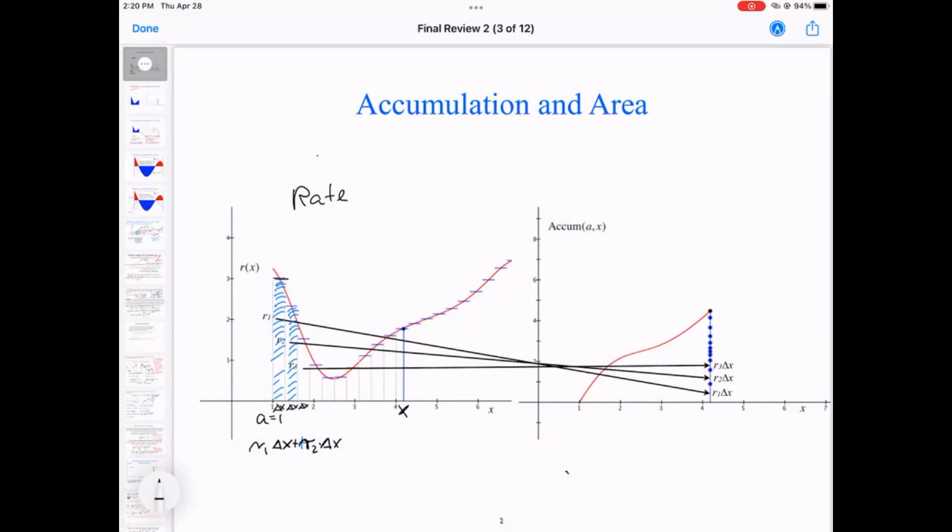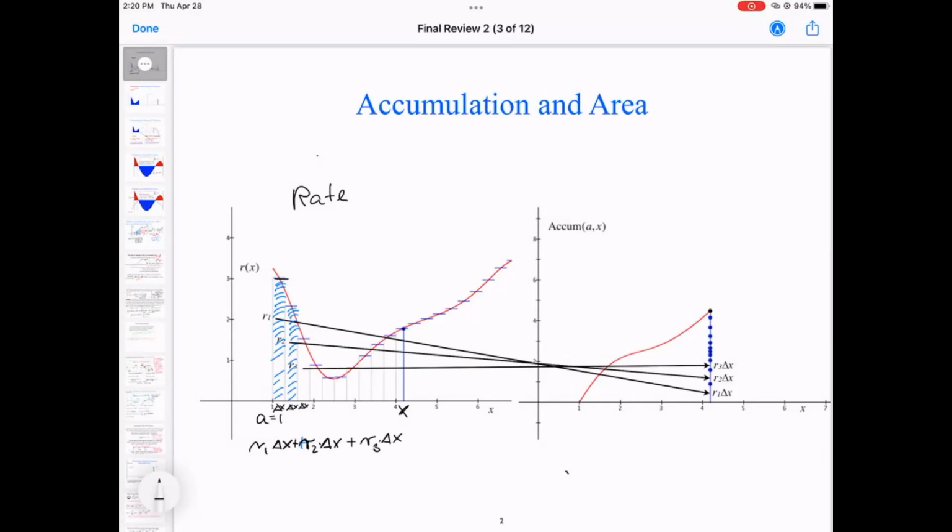So for the next tiny time interval delta x, we go back to the rate function, approximate the velocity, and use that value, R3. The third interval is R3, the rate, multiplied by delta x. If this is the velocity function, that tells you how much additional distance the car traveled on this time interval.